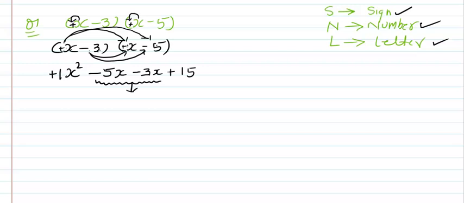Aziza, when we simplify minus 5x and minus 3x, what do you get? Aziza said 2x. How many of you are happy with this answer? Sanjana, are you happy with this answer? So what is wrong here?